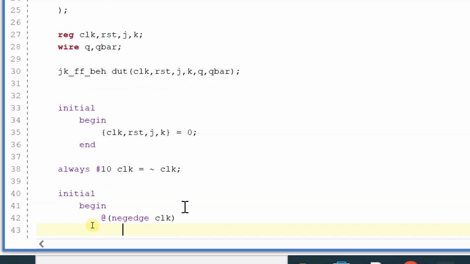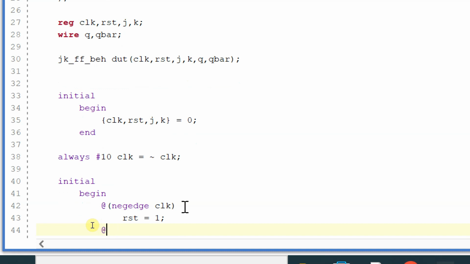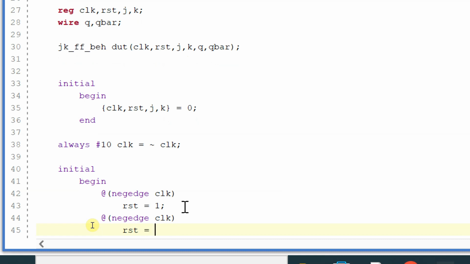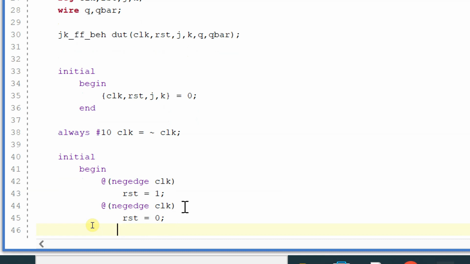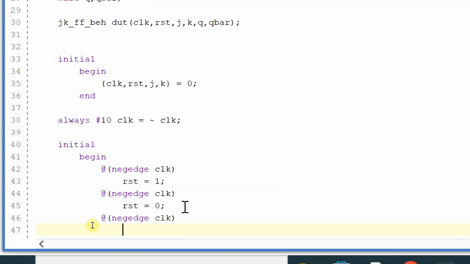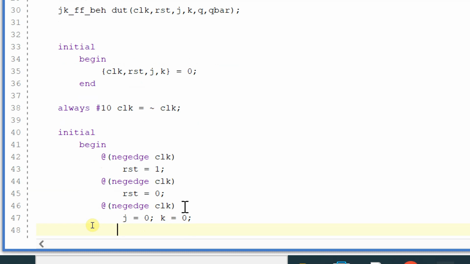So at negedge of clock reset is equal to 1, and at negedge of clock reset is equal to 0, and at negedge of clock my j is equal to 0 and k is equal to 0. This is my first input.